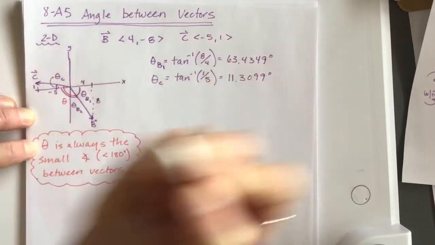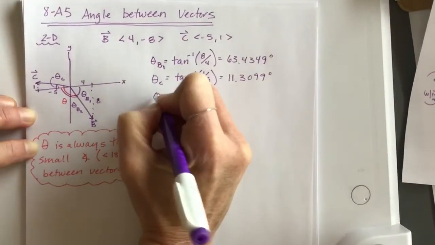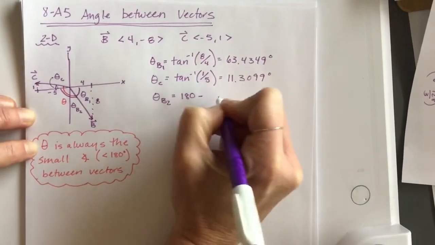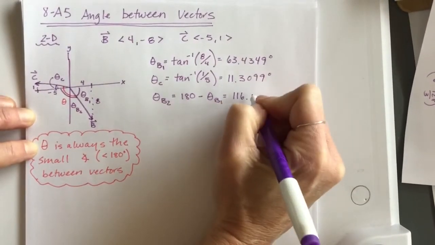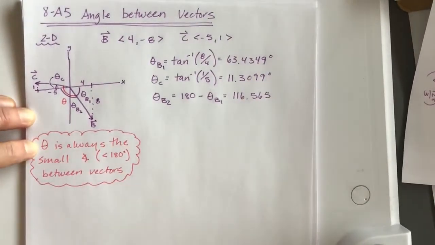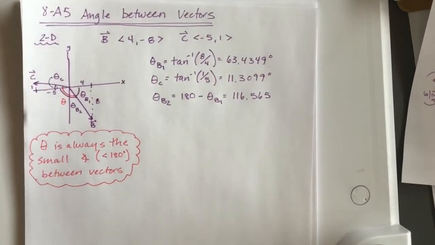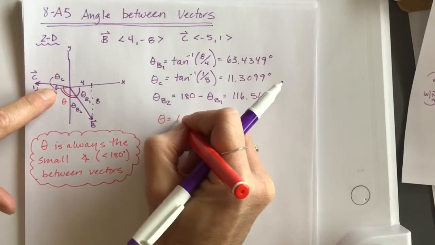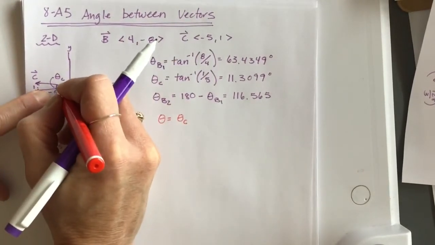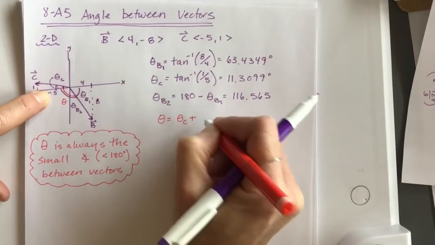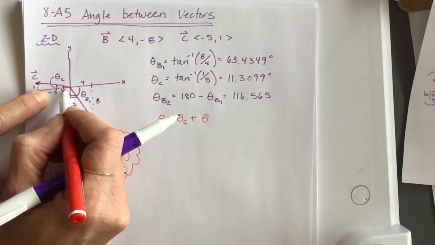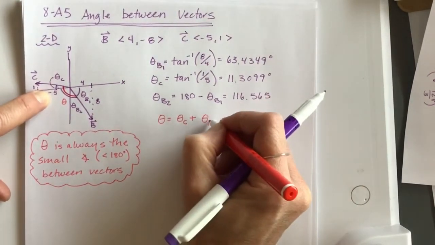I just added a little subscript on there. So theta B2 is now 180 minus theta B1, and that one is 116.565. Then theta is equal to theta C, this part here, plus theta B2, which is this angle we just figured out, 116.565.